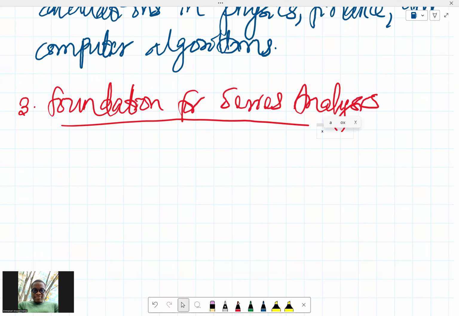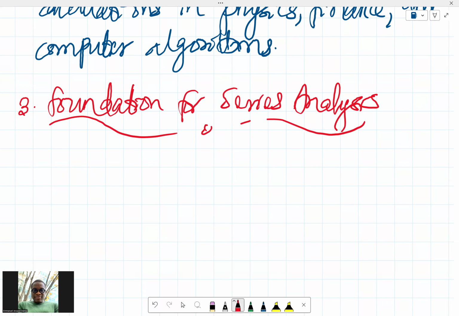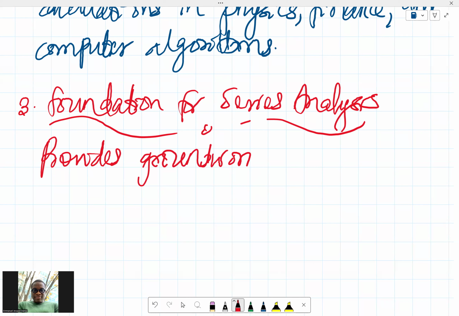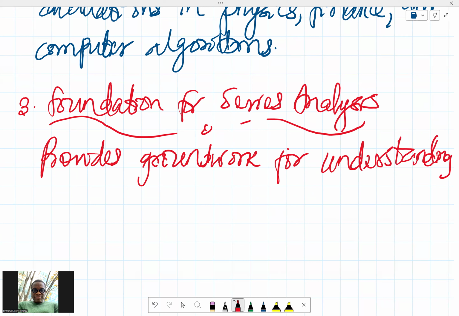So the general term helps us provide groundwork for understanding power series and their convergence.